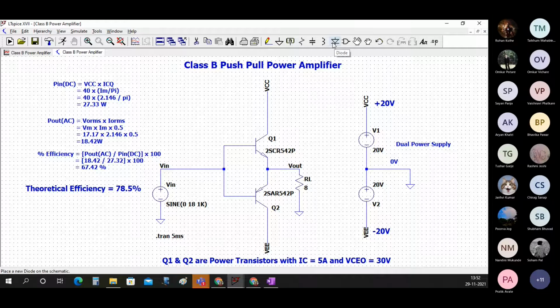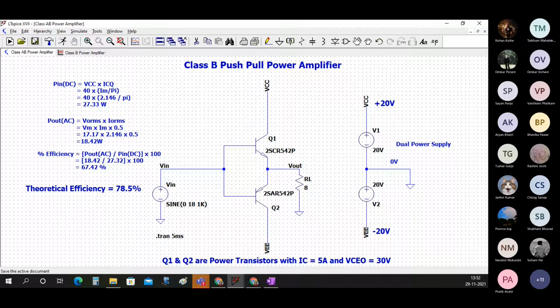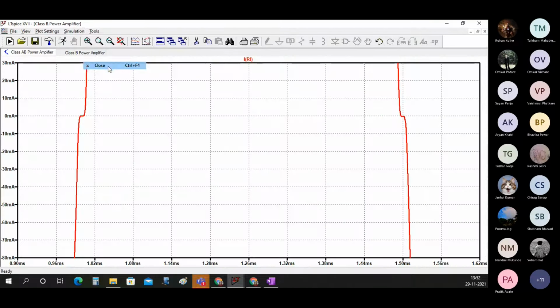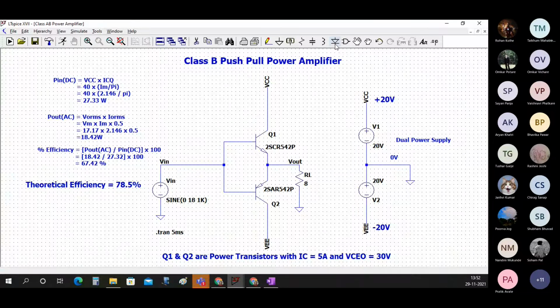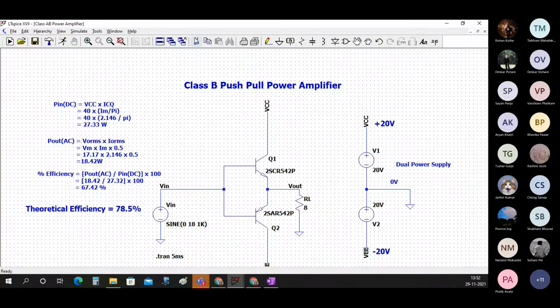Now what we will do is we will just save this as, let's say, class AB, and now we just close this. So that diode is actually the culprit. Okay, so that 0.7 volts we will try to fix.